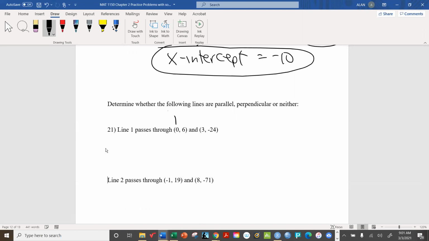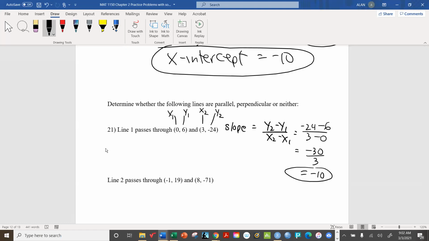So again, let's think of this as x1, x2, y1, and y2. So the slope would be the usual. So we'll have minus 24 minus 6 over 3 minus 0. So again, watch out for those negatives.